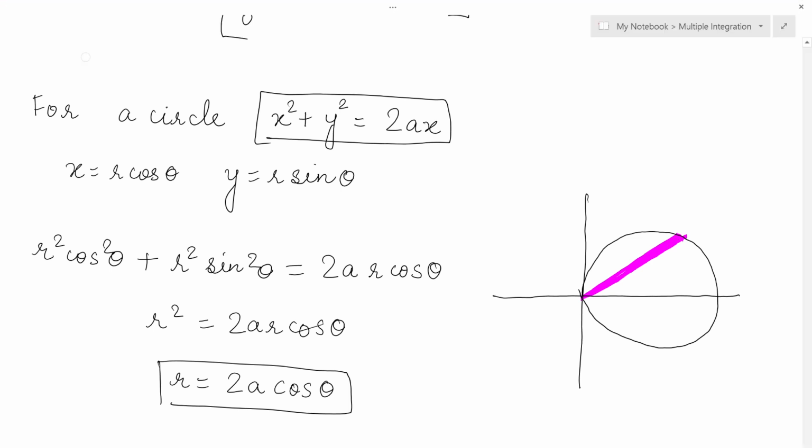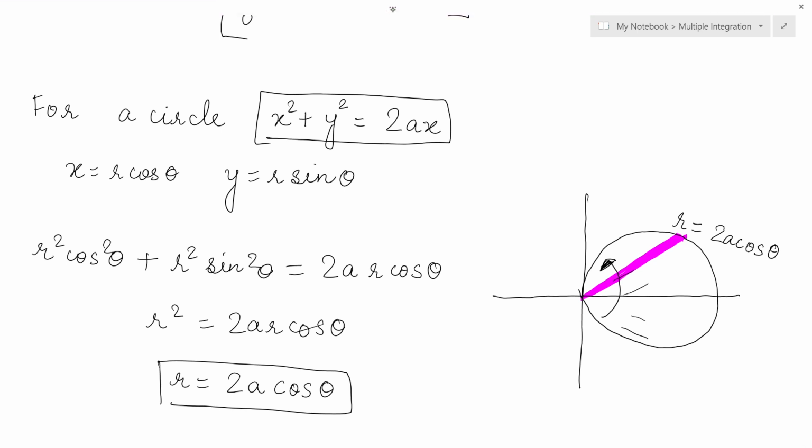So this circle is r is equal to 2a cos theta, and it will travel in anti-clockwise, this direction. This is the direction of the radial strip. It won't travel this way, it will travel from here, then here, then here, and then here. This way it will travel, right?